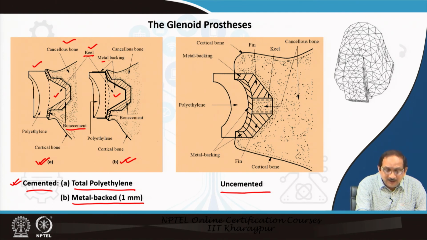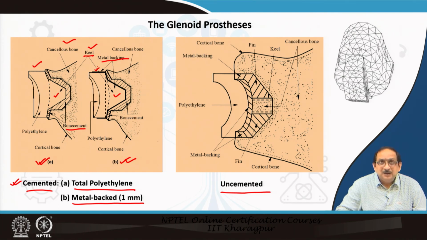The metal backing is shown here with the thicker black line. The bone cement, as usual, is used to fix the glenoid prosthesis within the glenoid cavity.